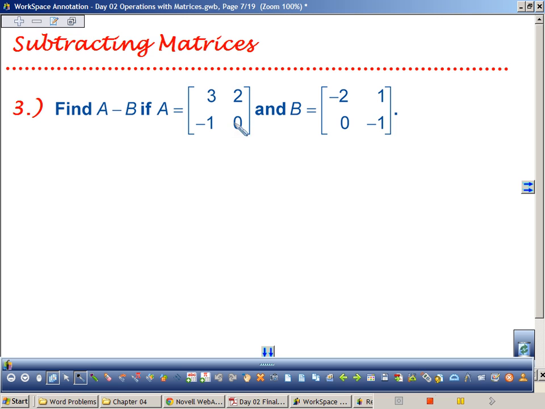Subtracting matrices. Find A minus B if A equals this and B equals this.